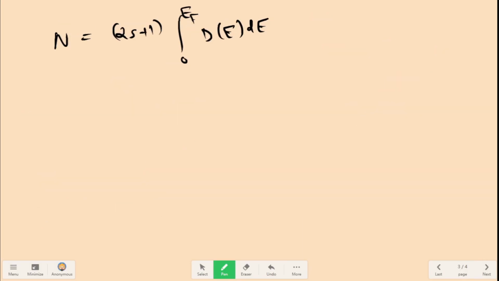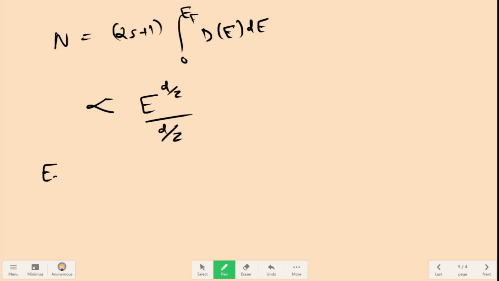And the number of particles is given by 2s plus 1 times integral 0 to EF of the density of states times dE, so this is proportional to E raised to d by z divided by d by z.